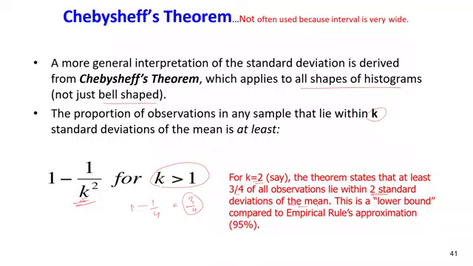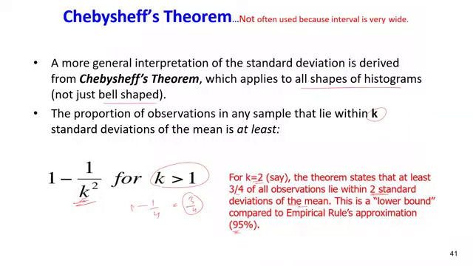What is 3/4? It would not be 95%. It would be less than 95%. So if your data is not following a standard normal distribution, then you can go with Chebyshev's theorem. It would be a little lesser than your empirical rule.